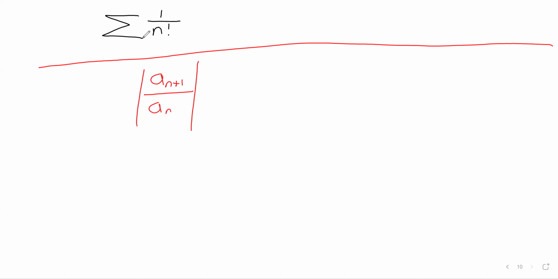As I keep saying, they're going to keep coming up. So a sub n plus 1 over a sub n, and these are all in these big absolute value signs. The absolute values aren't going to end up doing anything in this particular case, but we'll leave them in for now.